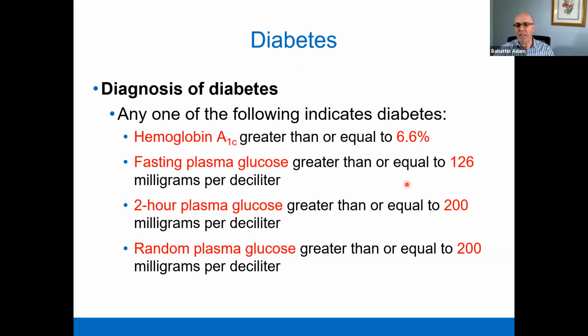Any of these helps you to diagnose diabetes. If you use one of them and get the result as we see on these slides, you can diagnose the patient as diabetes mellitus.